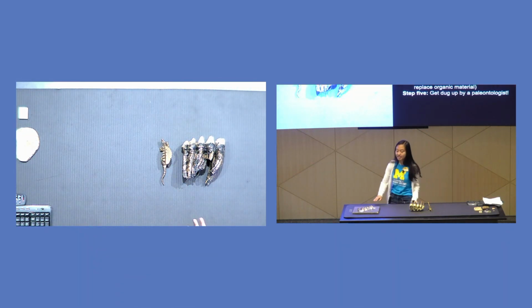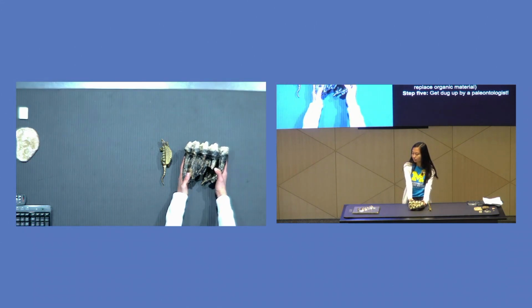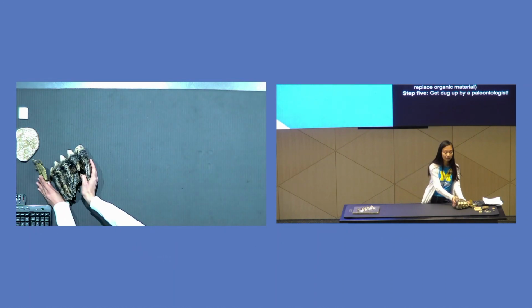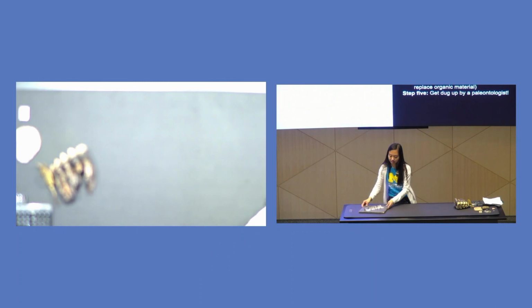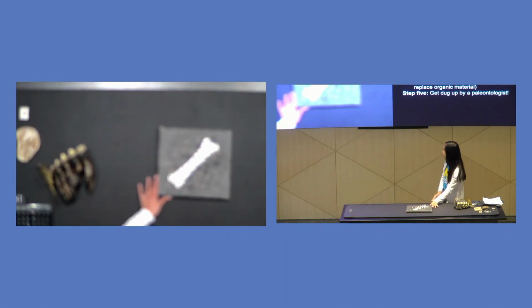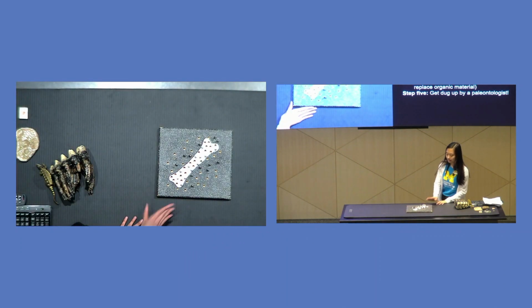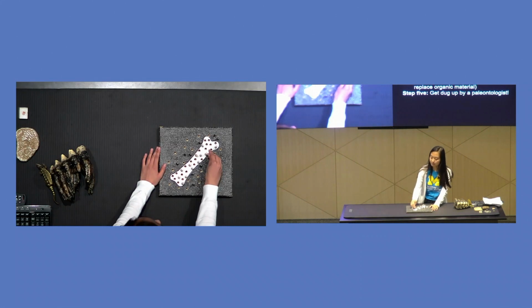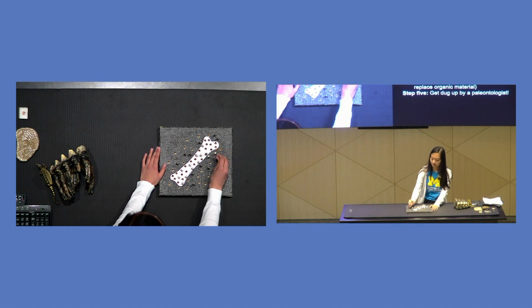So the first thing is you have to have some hard parts in your body. So for example, this tooth, it was really hard, so it was able to become a fossil. And that animal has to die. So when the animal dies, its remains are in the ground, and minerals will seep into the bone and start replacing the bone.